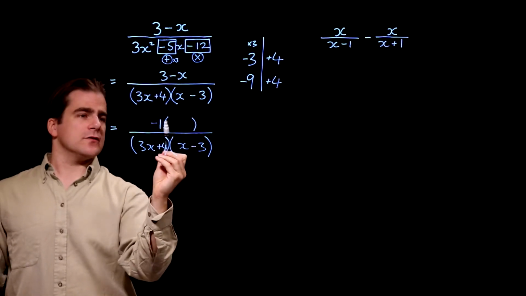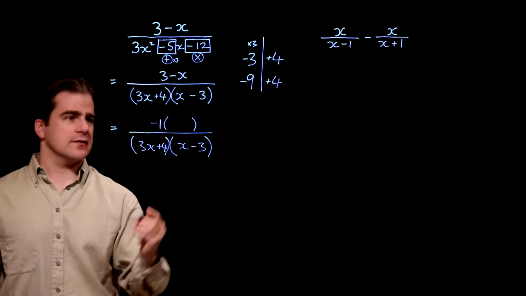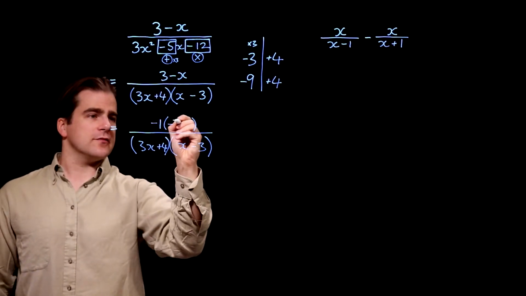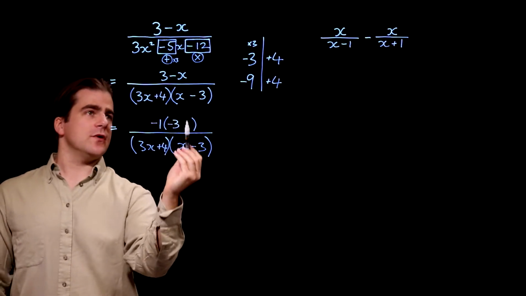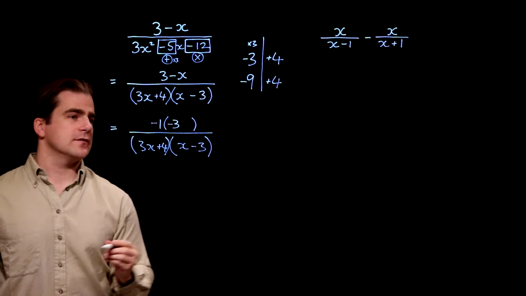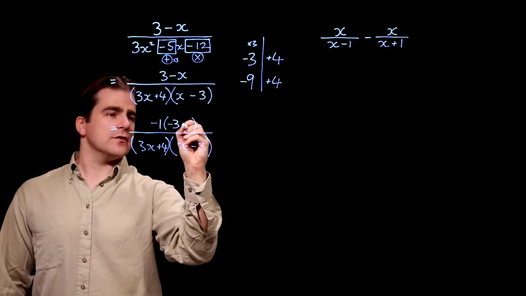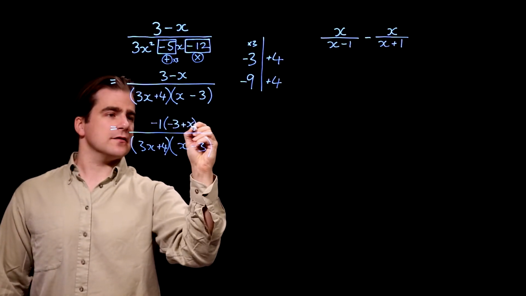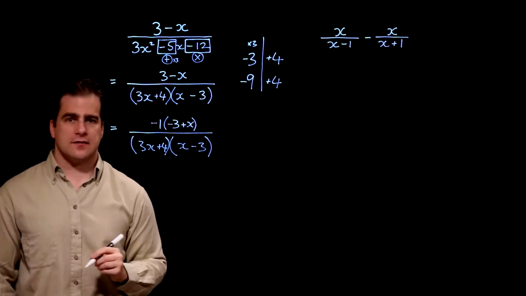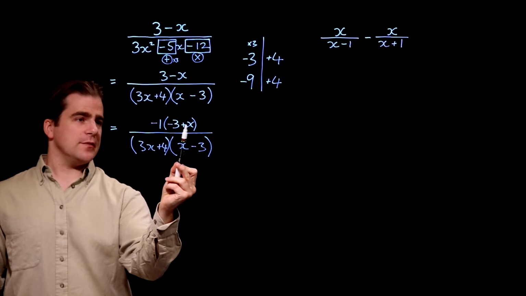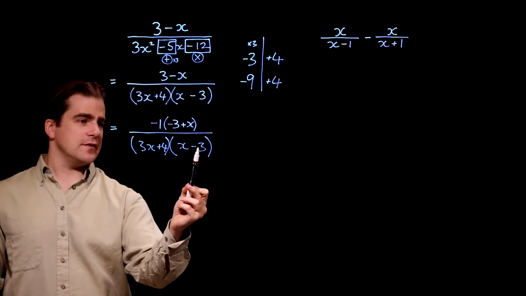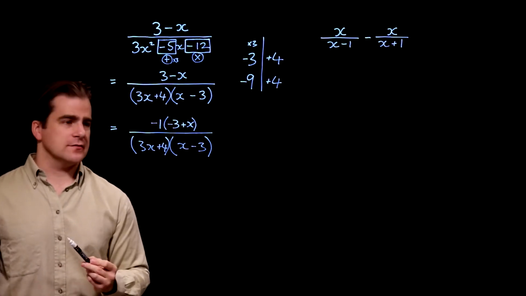So minus 1 times what equals 3? Minus 1 times minus 3 is 3. Minus 1 times what gives you minus x? Minus 1 times x gives you minus x. And we've done it. Minus 3 plus x is the same as x minus 3.